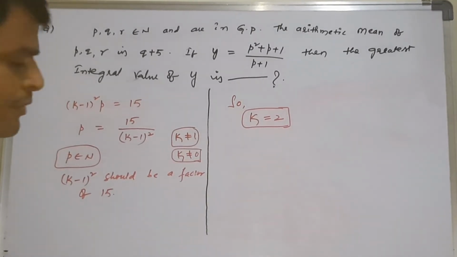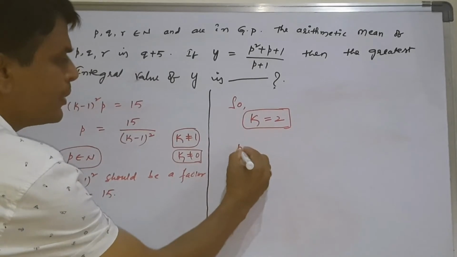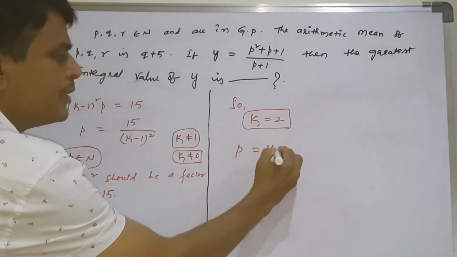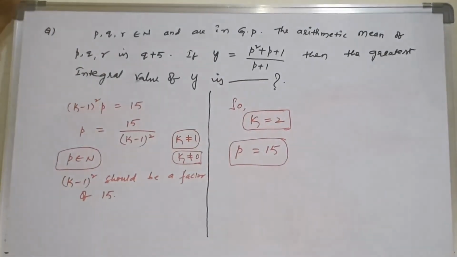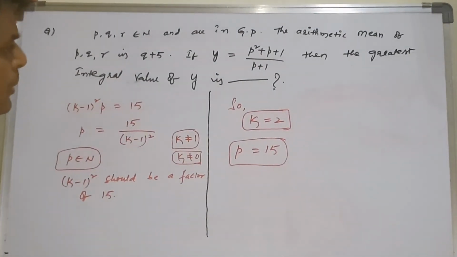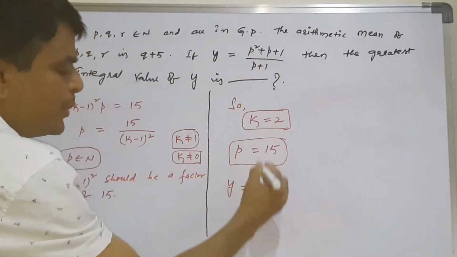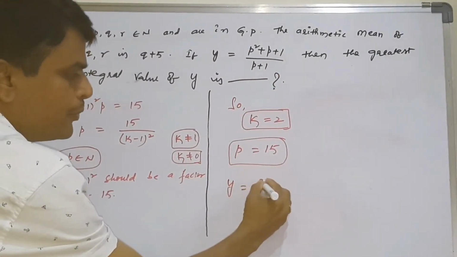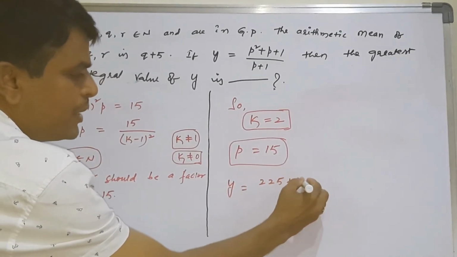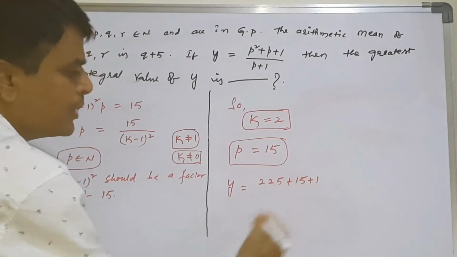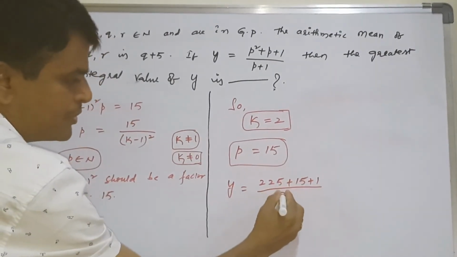Right? So when the k value is 2, the value of p is clearly 15. When the p value is 15, then the value of y which we are getting is p square, that is 15 square, 225, plus p, that is 15, plus 1, divided by p plus 1, 15 plus 1 will be 16.